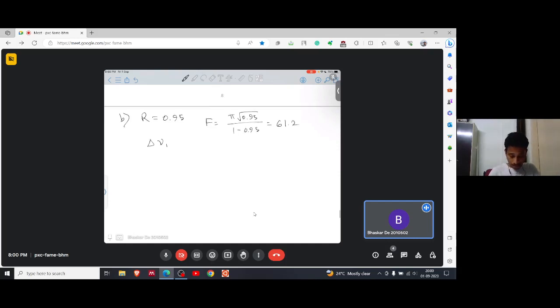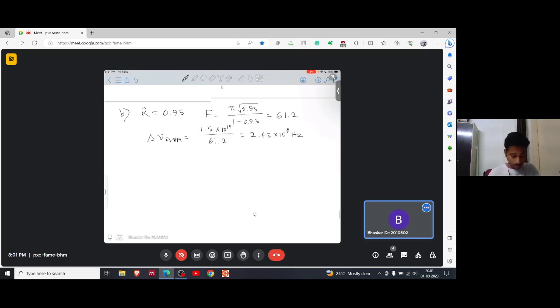Delta nu FWHM equal to 1.5 into 10 to the power 10 by 61.2, that will be 2.45 into 10 to the power 8 hertz.